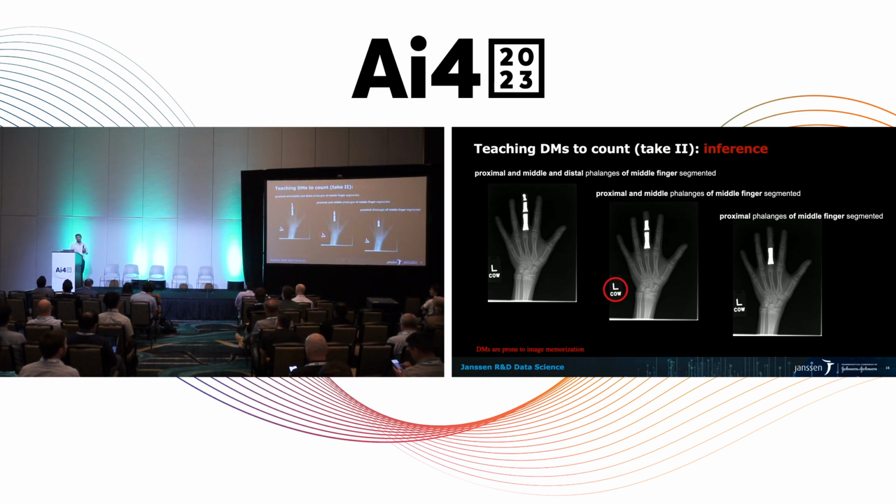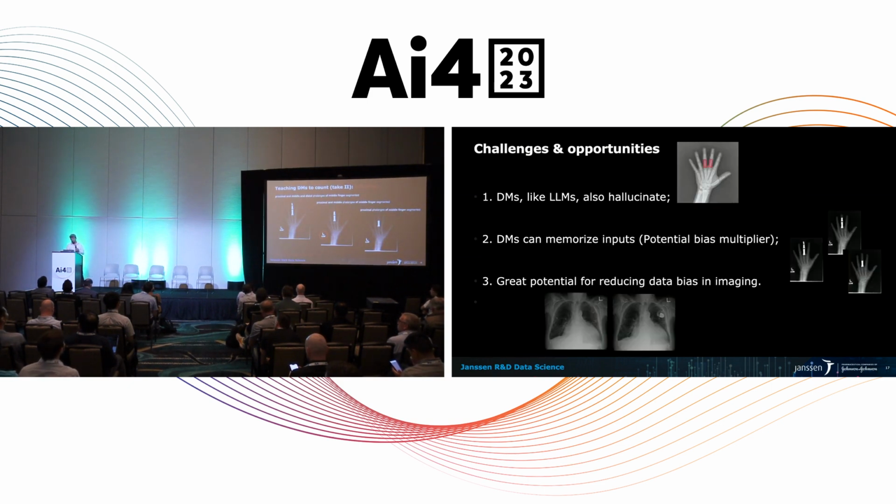That's not quite true. There is some memorization that's possible. Maybe if in the chest X-ray there was your name on the corner, what this model can do is then propagate this name again and again, and all of a sudden you have this biased data set where you are multiplying this bias.